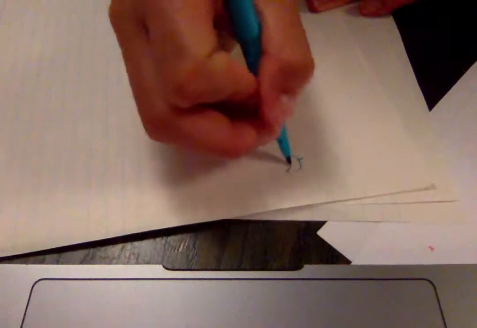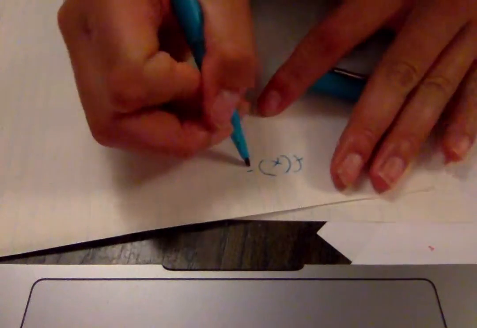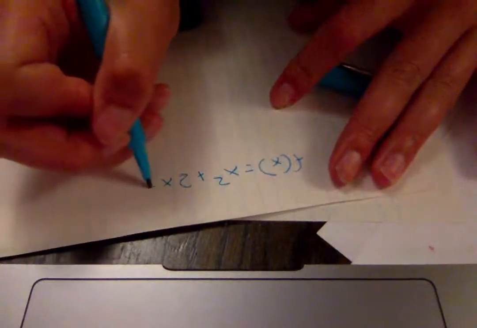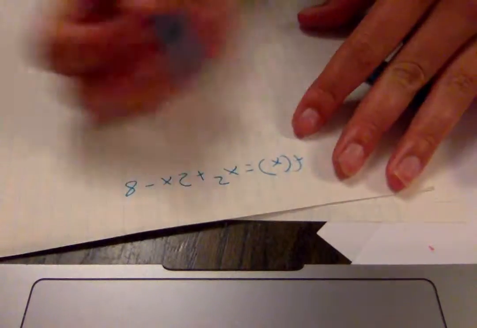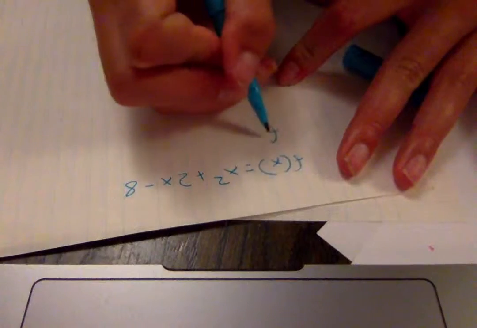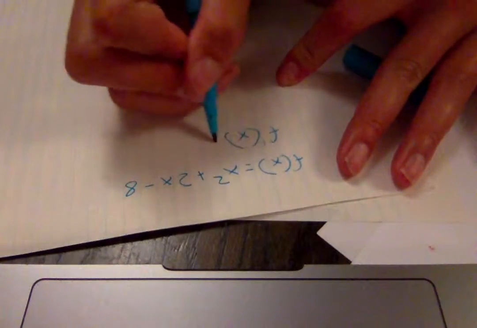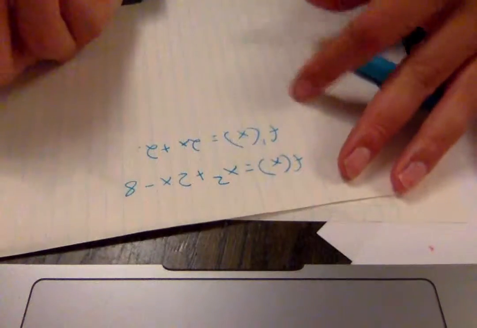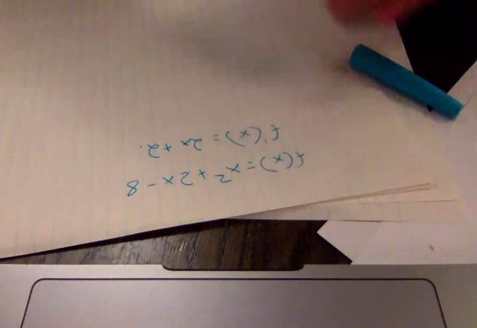I'm just going to rewrite that. We have f of x equals x squared plus 2x minus 8. The first thing we're going to do is find the derivative of that. So f prime of x equals 2x plus 2. Now we're going to find the local max or min.